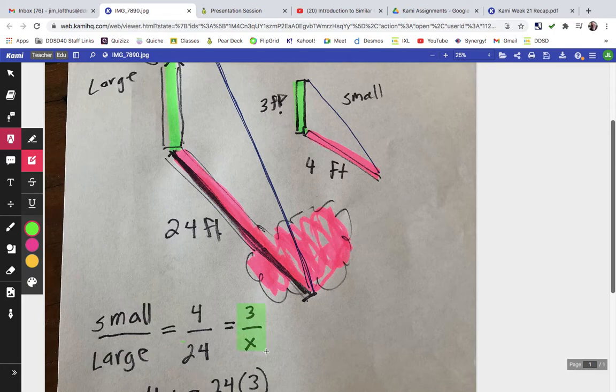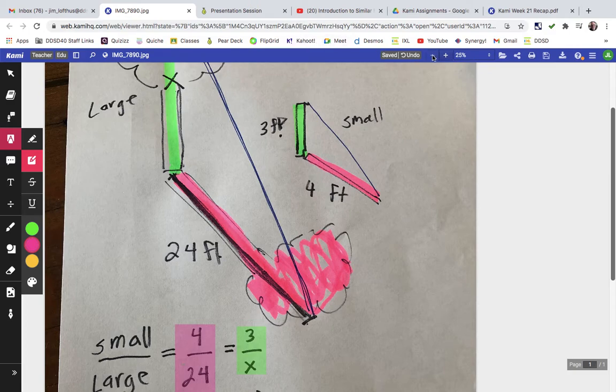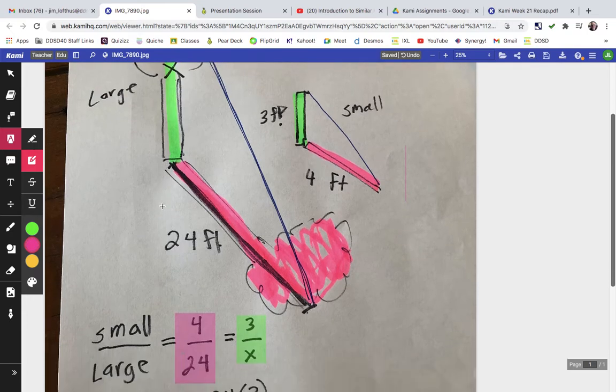So the green goes like that. The pink is the length of the shadow, and it goes like this. Let me see if I can, I guess I can't zoom out any further. So those are the notes that we took in class.